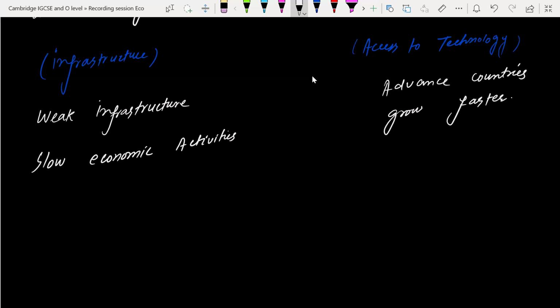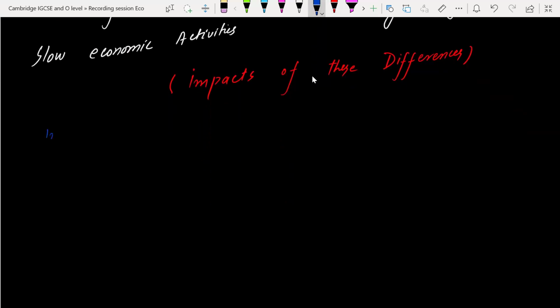There can be some impacts of poverty also.